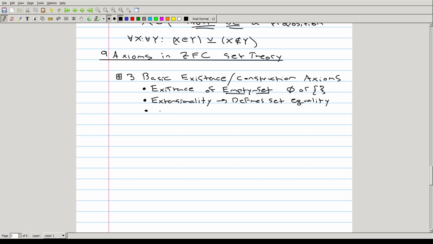Then we have the axiom of foundation, or regularity, which excludes certain objects from being sets.